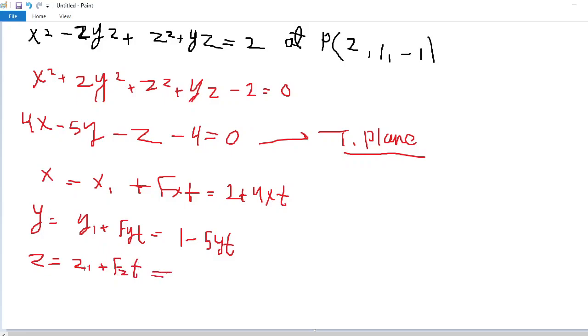So it equals, the z1 is negative 1, so negative 1, and then we have also negative z, so we have negative z times t, and we can write t belongs to R. Okay, and this is the final answer for this question.